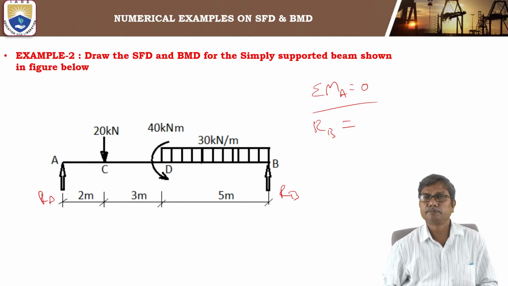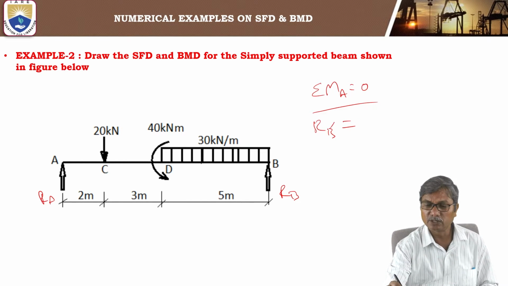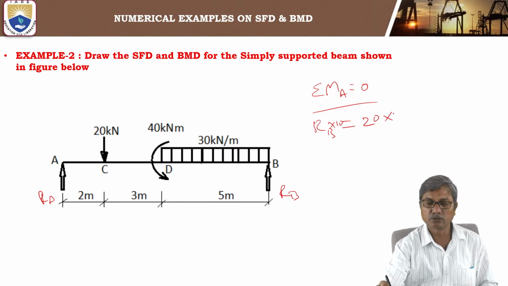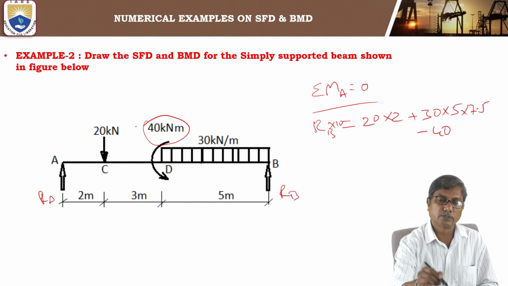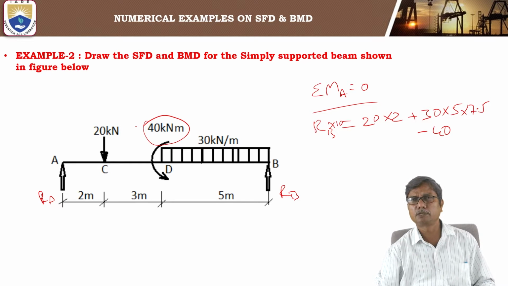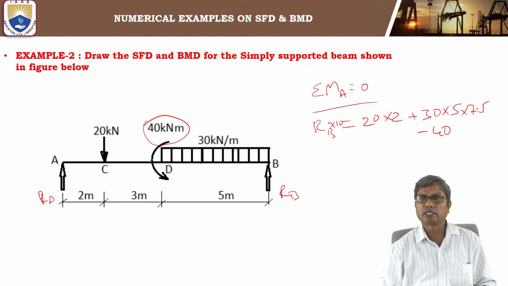10 meters. RB into 10 is equal to 20 into 2 plus 30 into 5 into 7.5 minus 40. Minus 40 is the couple which is acting anticlockwise.